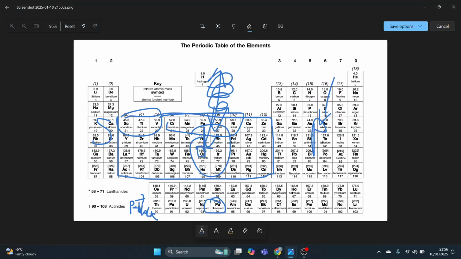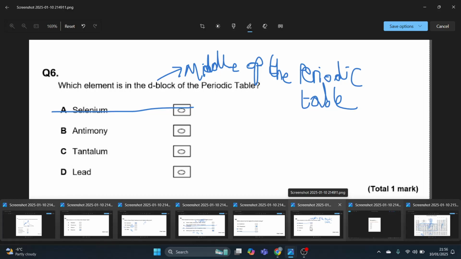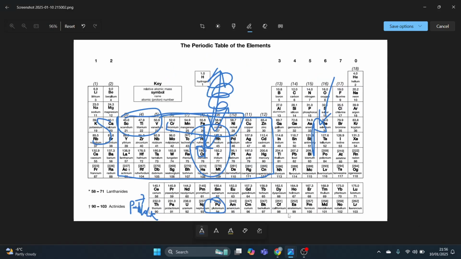Antimony, I can't find it. Let's look for any others. Tantalum. And we've also got lead. There we go, tantalum.